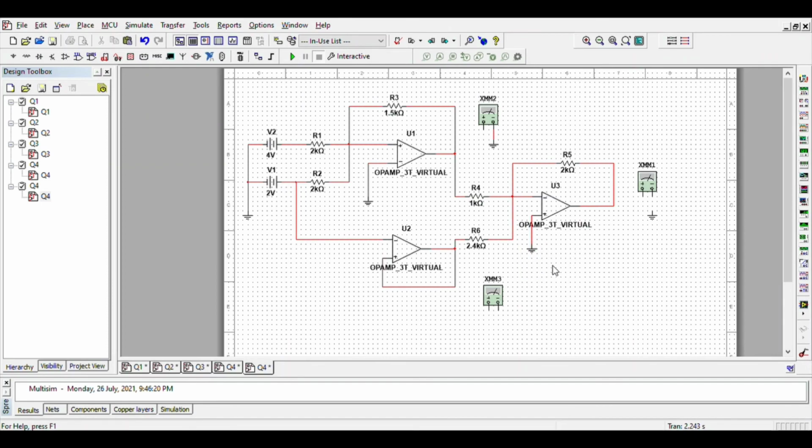Okay, then to know the value of V01, V02 and V03, we need to connect it to the multimeter. So positive will be connected here, positive of V02 will be connected in here.